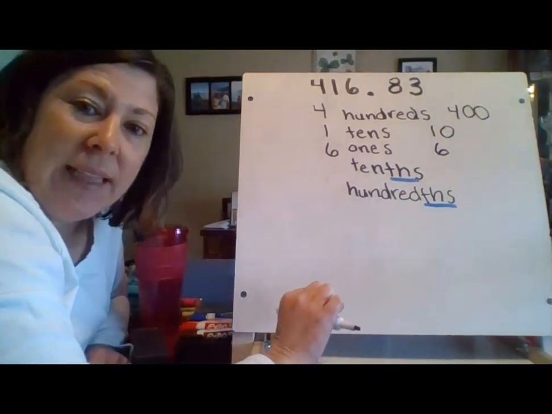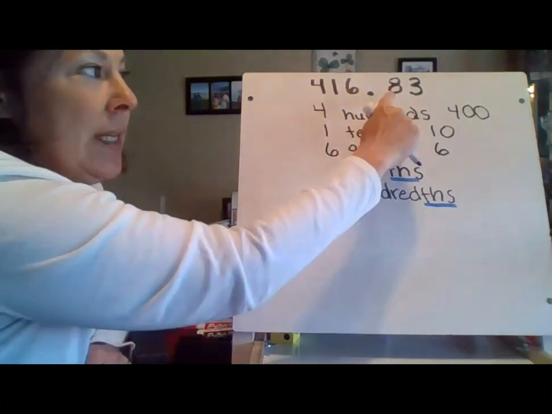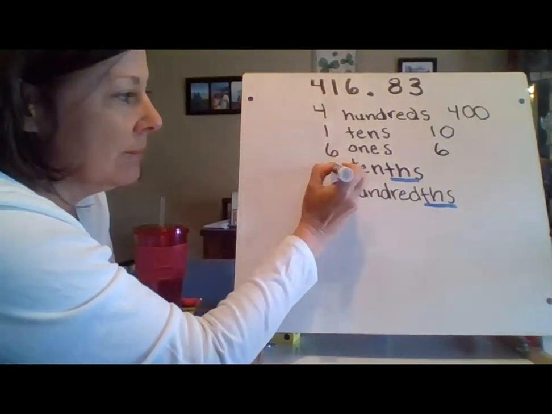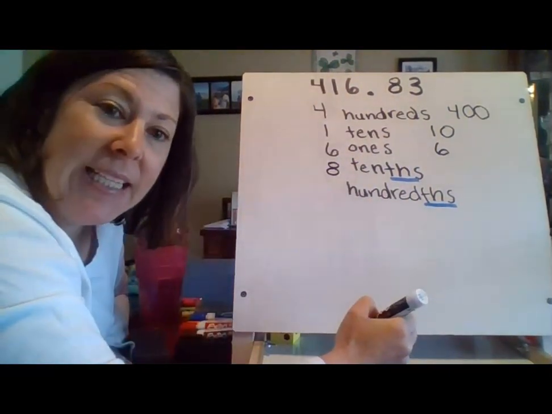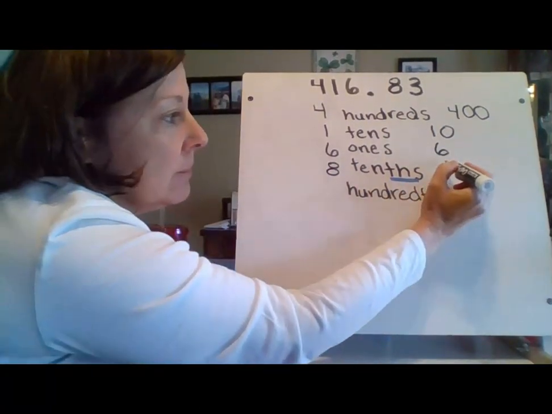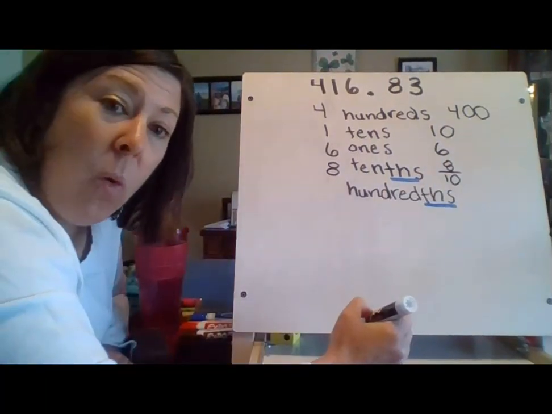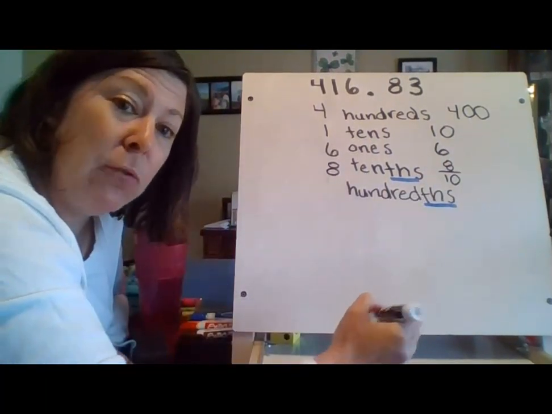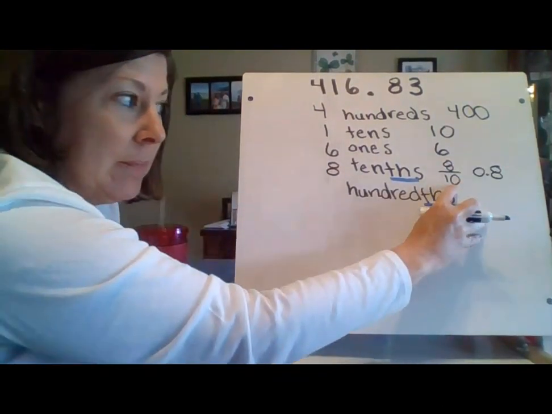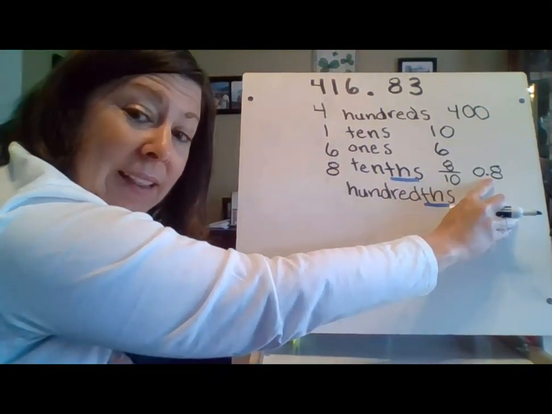Which digit is in the tenths place? Now we're to our parts. 8 tenths. I can write that in fraction form, or I can write it in decimal form. 8 tenths, 0.8.